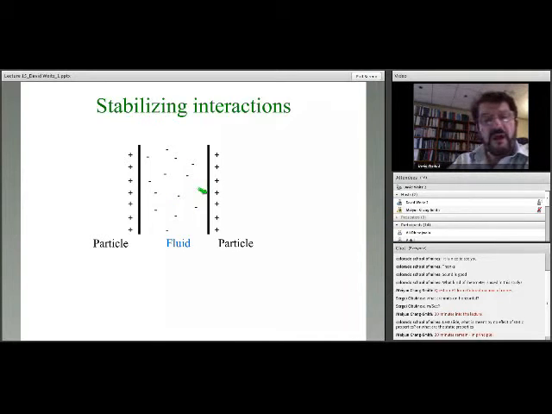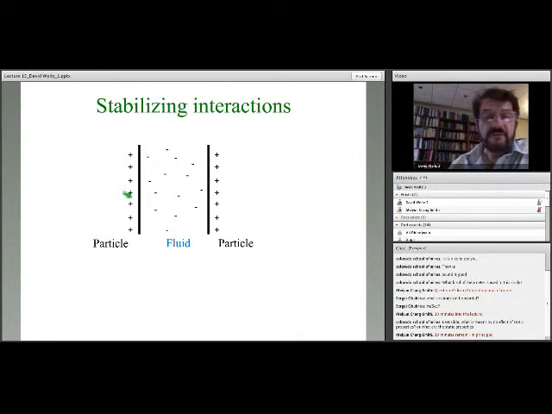Let's say that the intrinsic charge on the colloidal particle is positive. That means that there must be counterions that have been dissociated, and the negative ion is in solution. That's shown here. There are negative ions in solution, and the number of negative ions in this case is exactly equal to the number of positive ions between the two particles.